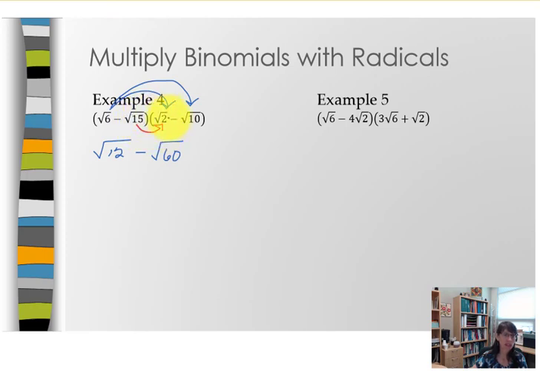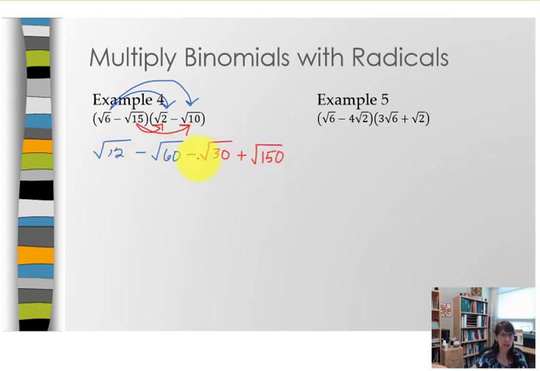So square root 15 times square root 2. Again, negative times positive means we will subtract the product. 15 times 2 would be square root of 30. Our last distribution, negative times negative, means we're adding this last product. 15 times 10 means we have 150 under that radical.